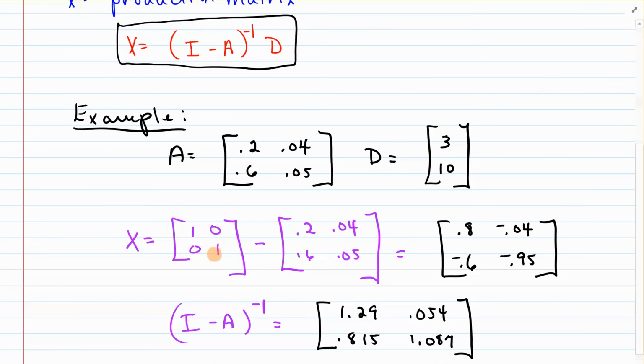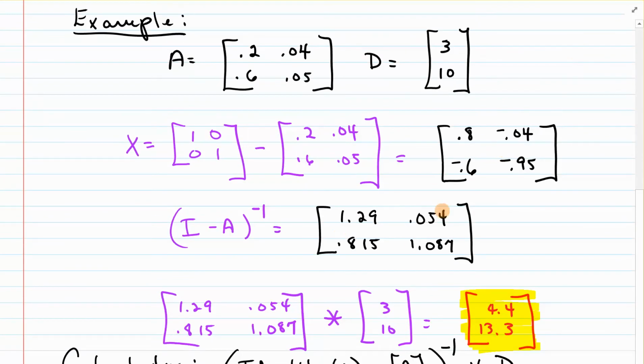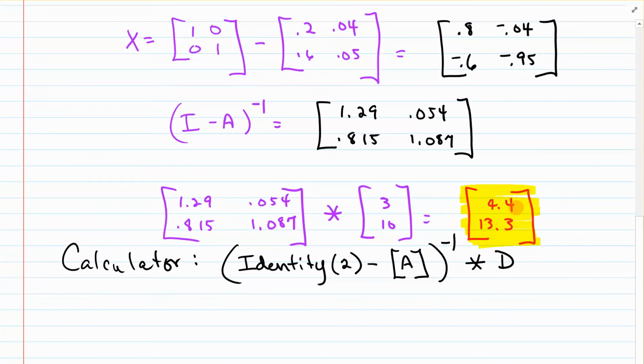So X will be the identity for whatever size your matrix is. In this case, it's a 2. So this is I2 minus your A that's given. So we figure out what that is. We take the inverse of that, that's equal to this, and we multiply it by the given demand. And so then we have our production.